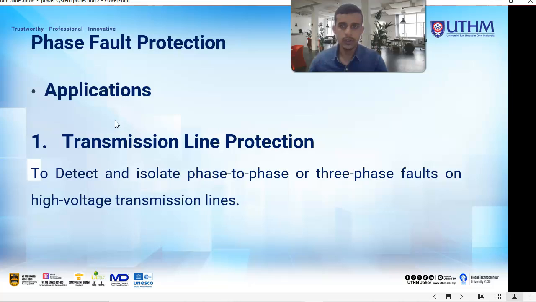So the applications of phase fault protection. One, transmission line protection, which is to detect and isolate phase-to-phase or three-phase faults on a high voltage transmission line.